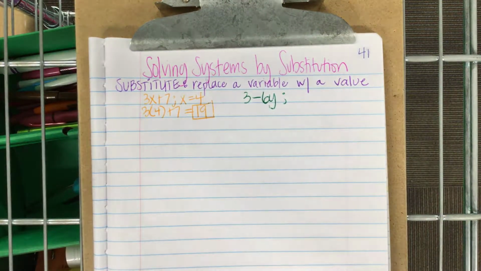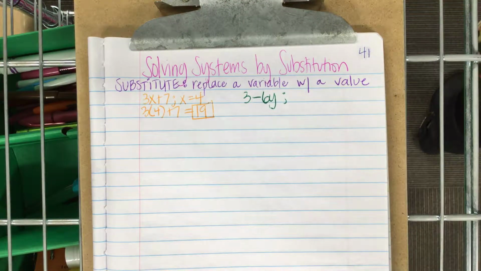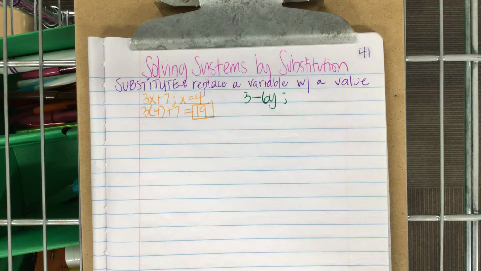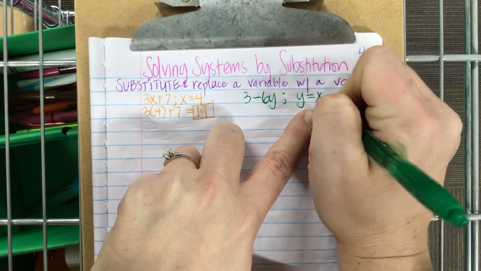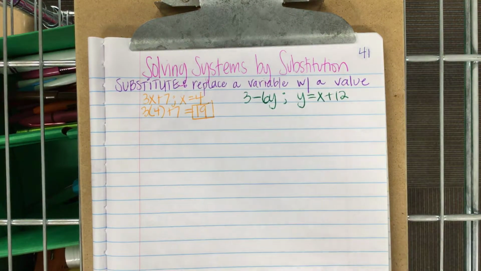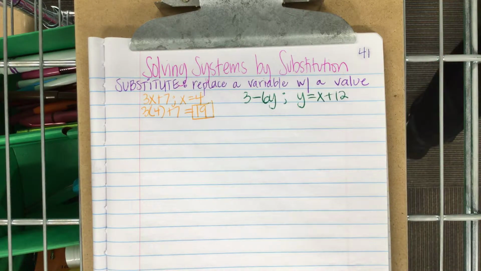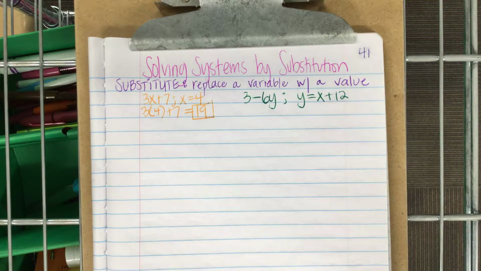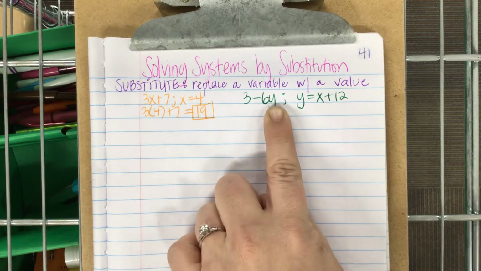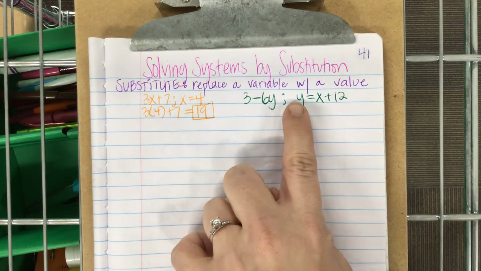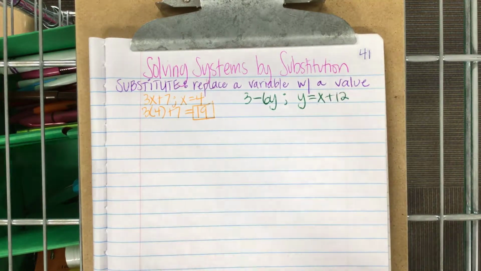All right, so let's try a little bit harder. If I give you the algebraic expression 3 minus 6y, but I say, hey, you guys, y equals x plus 12. Can you still substitute? Yeah. Instead of y, what are you going to put? Because y is equal to x plus 12. They're the same thing.